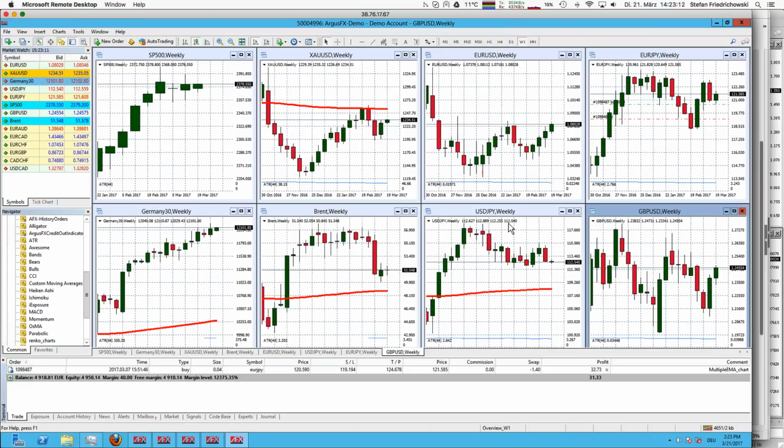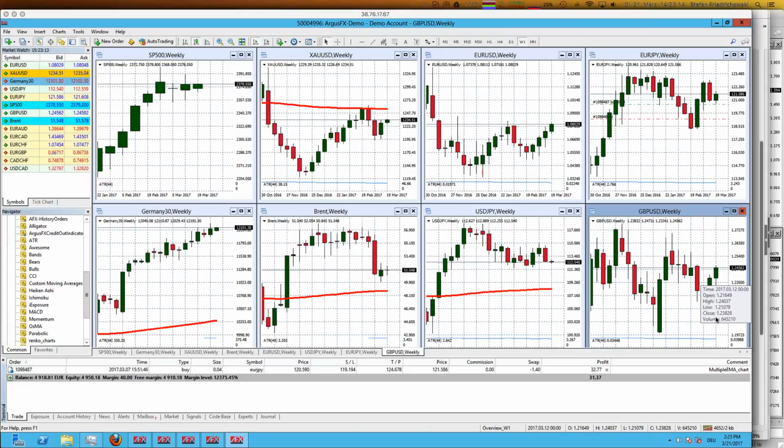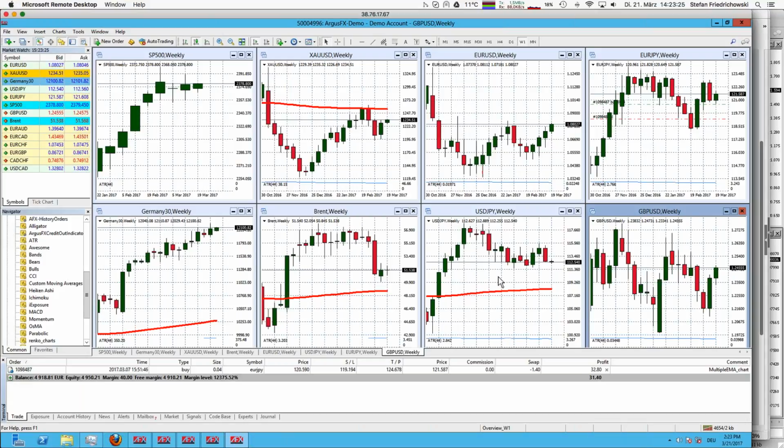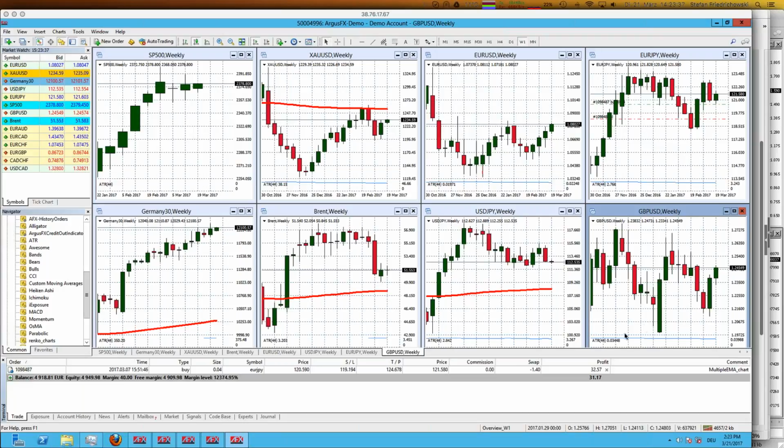So running through that list, you see in most cases, we are really far away from a potential entry. Just as an example, US dollar, Japanese yen, long trade, but here on the other side, so really far away. Short trade, British pound, US dollar, really far away.